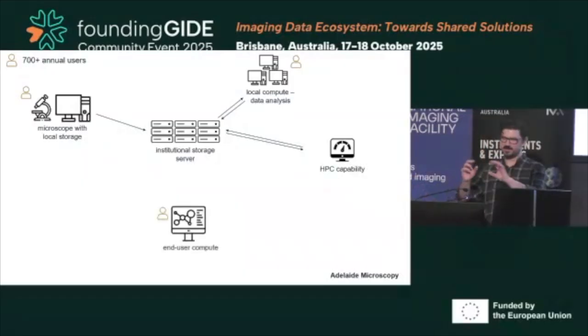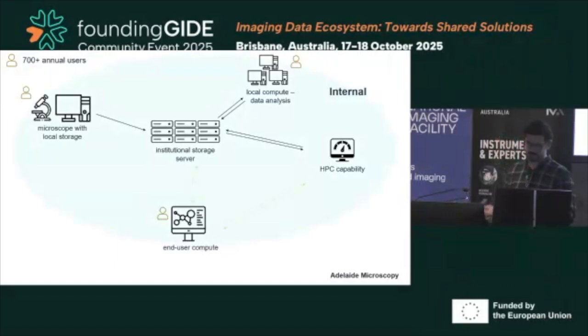And then it feels like separate to all this, we have end user compute. We have this user base that may be internal, so they have their own access to institutional storage, versus, given the nature of our facility, they may not be able to access the Adelaide Microscopy provision.